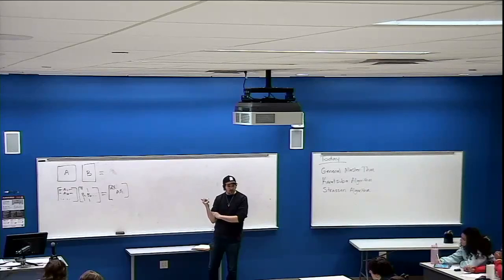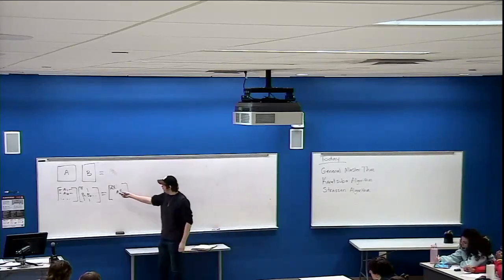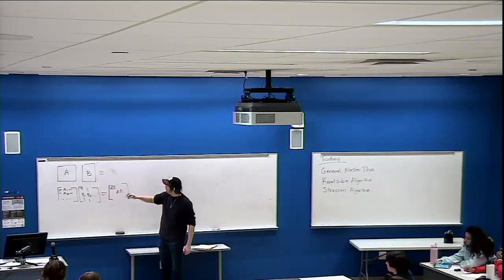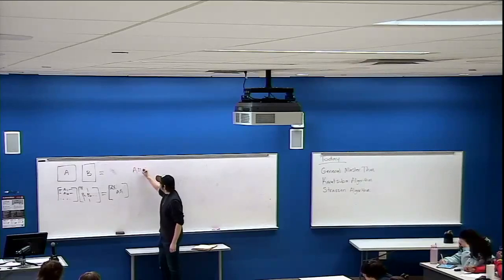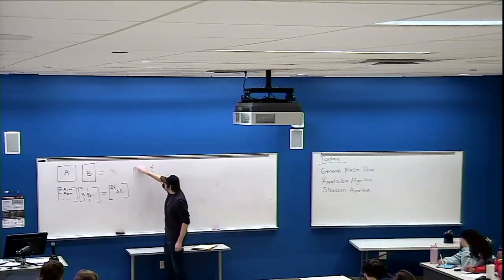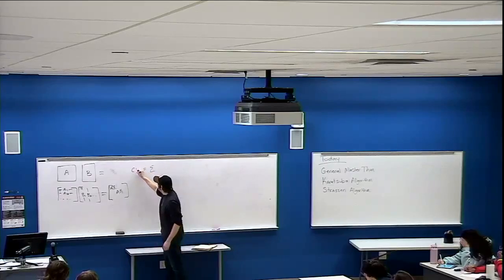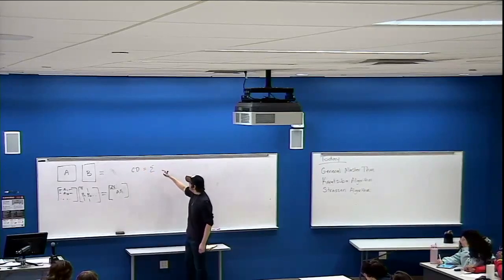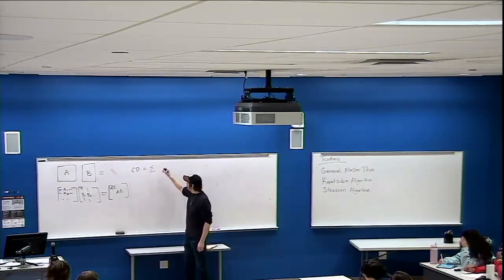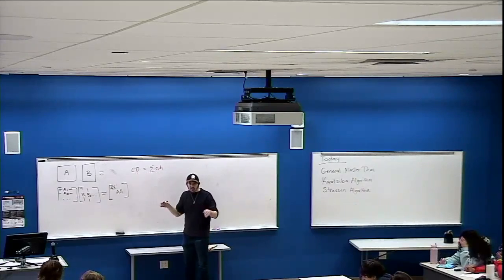So everyone think about this. Every single one of these elements is going to be some dot product of these. If I have two arbitrary vectors, let's make them C and D, then it's going to be the sum of the ith element of one times the ith element of the other, multiplied together and then summed up totally.